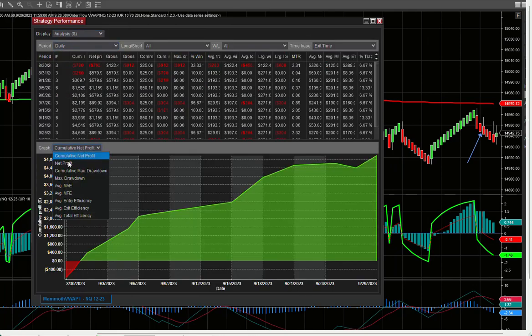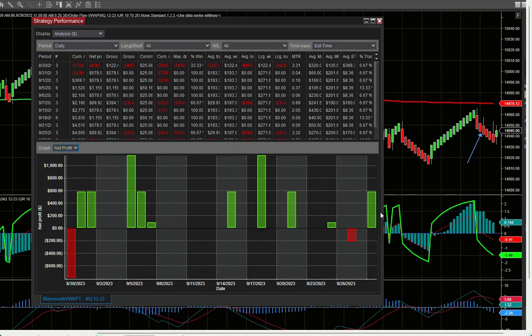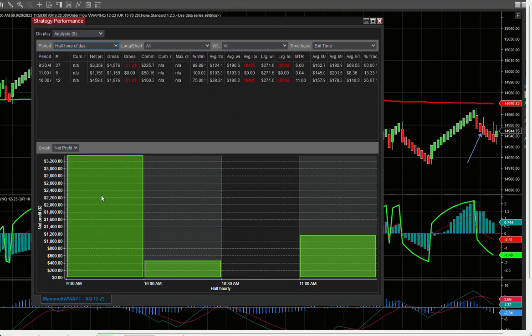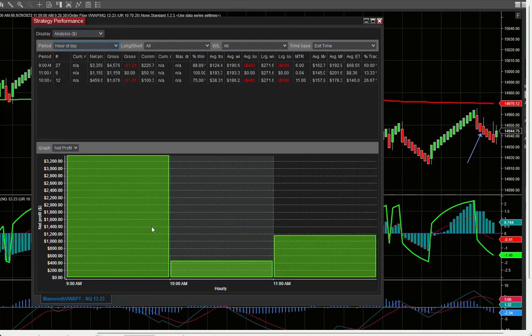Not that many trades. Okay, half hour daily. Now 9:30, that's a good time frame. Hour of day. Yeah, when the market opens 8:30 to 9, which is Eastern 9:30, when the market is really opening, and NQ is usually very active.